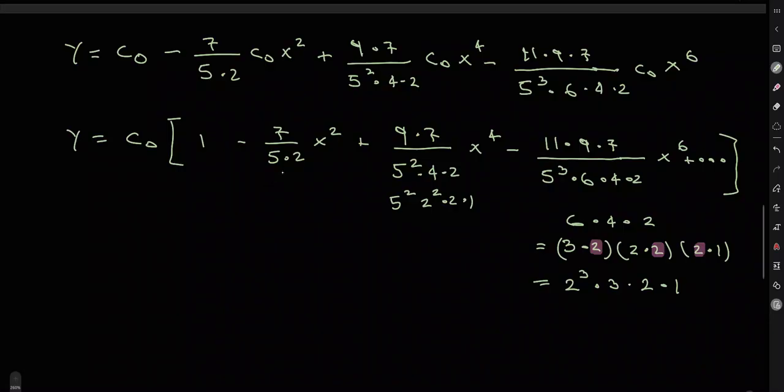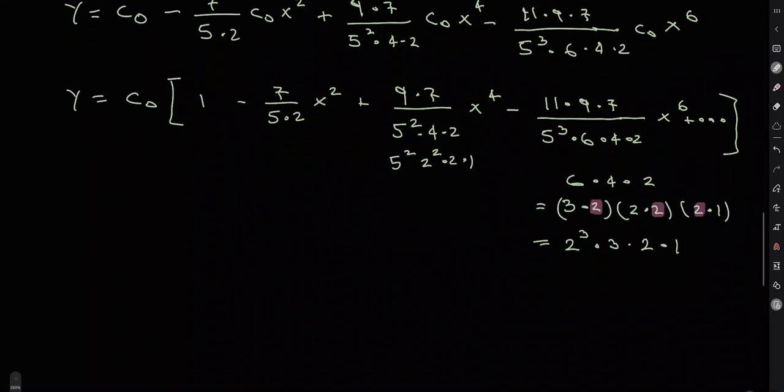And then this is simply 5 times 2 times an invisible 1, which could be the 1 factorial. All right. So with that being said, I'm going to write y equals c sub 0, 1 plus sigma n equals 1 to infinity of number 1.